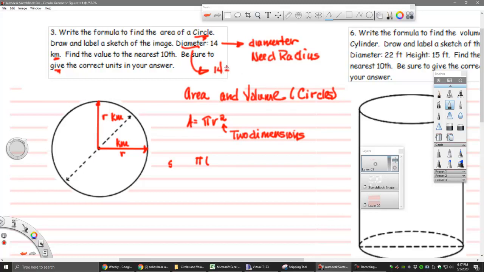So 14 divided by 2 obviously will give me 7. So r equals 7. So pi times 7 squared will equal the area, 153.9 kilometers squared.